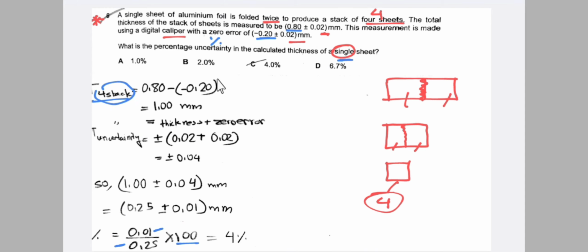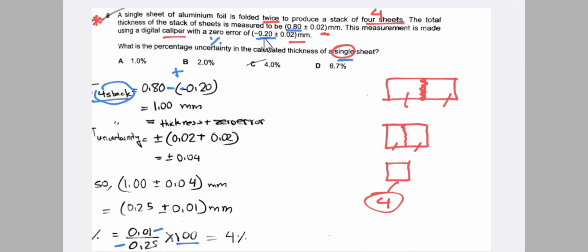For cancelling the zero error, there is 0.80 minus the zero error. So we need to subtract this, that is 0.80 minus the zero error, and we place the zero error inside the bracket, that is this negative zero error. So ultimately it would become a plus sign.